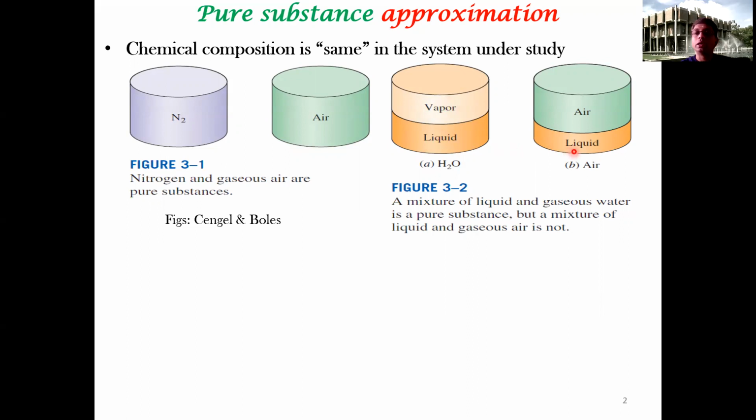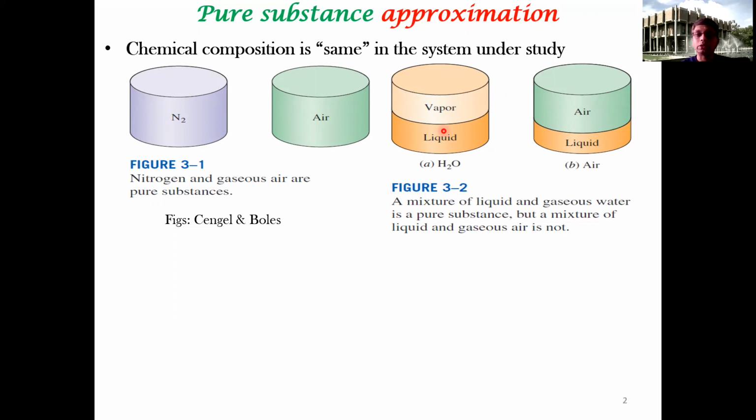However, if you have, let's say, a liquid that can be water and air, the chemical composition is very different within the container. So this is not a pure substance, but this one is still a pure substance because the chemical composition is the same, even though it may have different phases. This is an all right definition, but when I started thinking about it, I had some reservations.